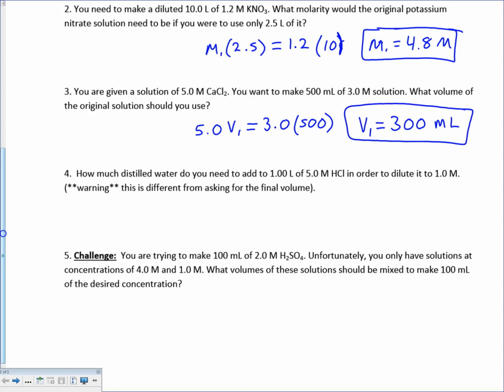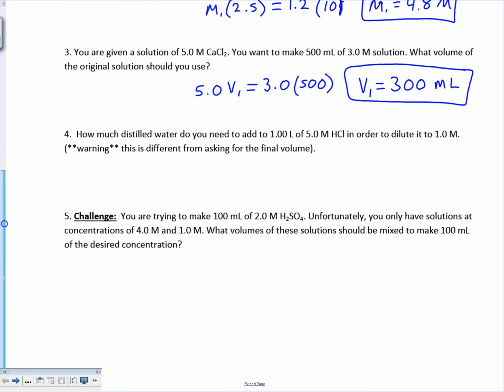Problem number 4, we've got a concentrated solution, and I want to know how much water we need to add to dilute it to a specific concentration. This one says to be careful: asking how much water you're adding is not the same as asking what the final volume is. We'll do this problem very similar to what we did before. M1V1 equals M2V2.